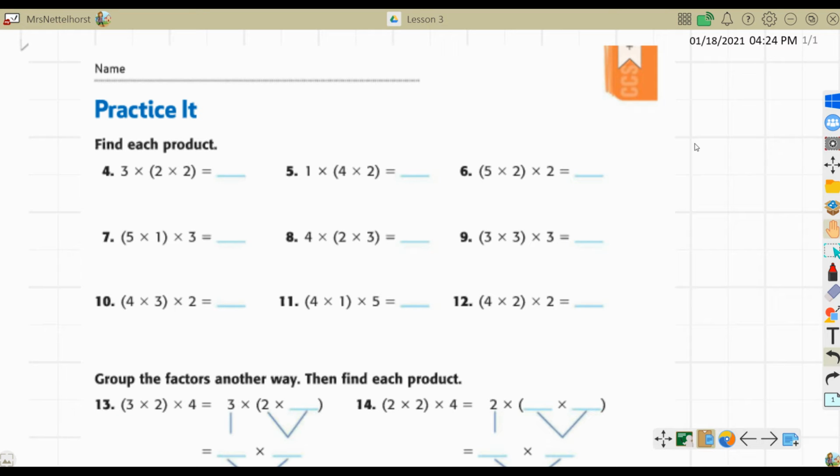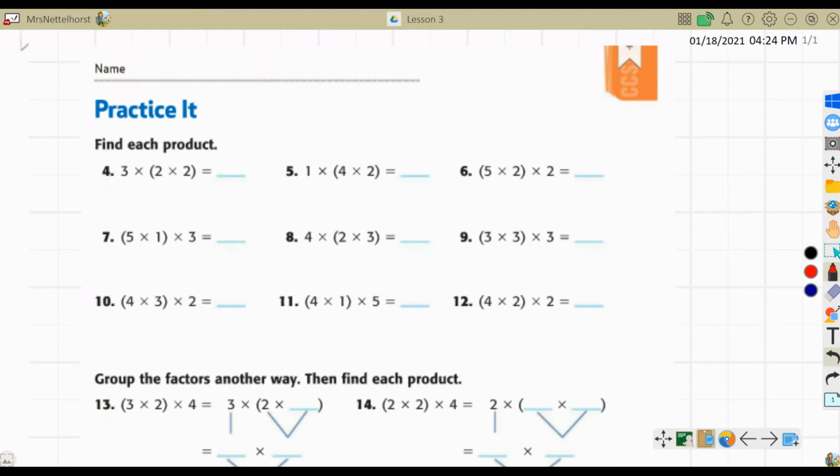Okay, I want you guys, and I'm going to show you on number 4 how I expect you to do it. I want you to write underneath how you grouped and how you multiplied, because you have to do the parentheses first. And let me show you what I mean. I know you're going to be able to copy this, but it's not going to help you with your answer because I'm not going to give you the product.